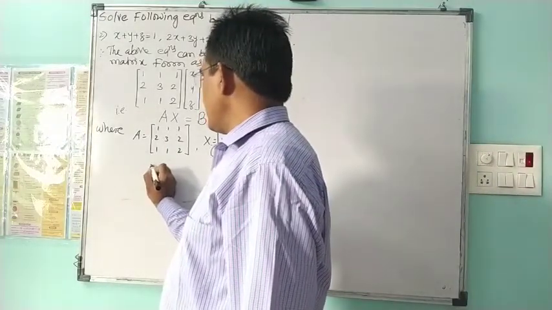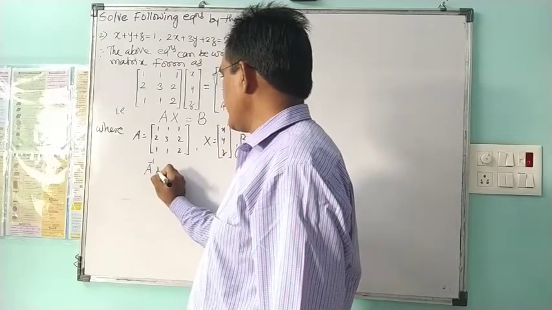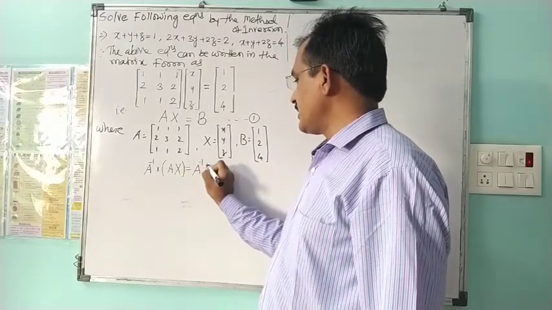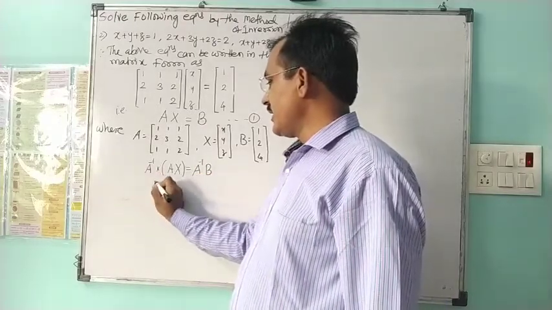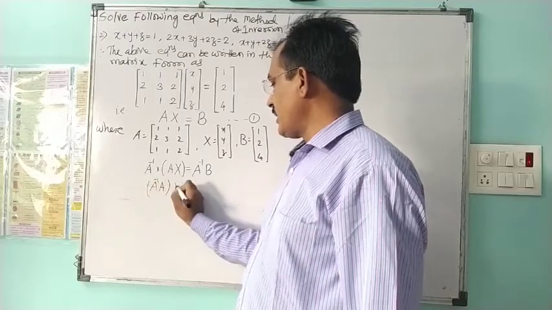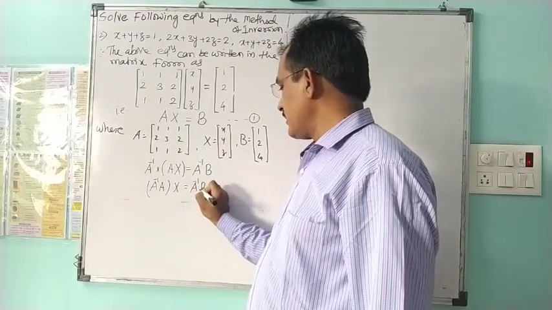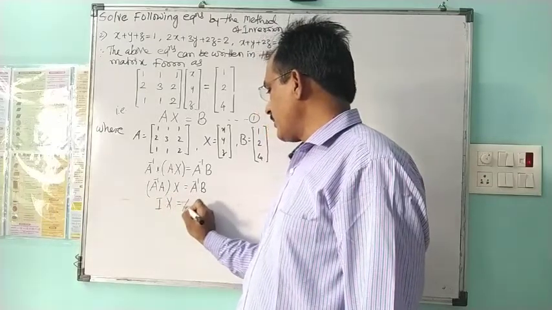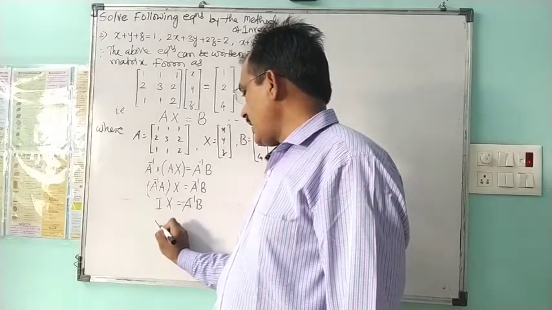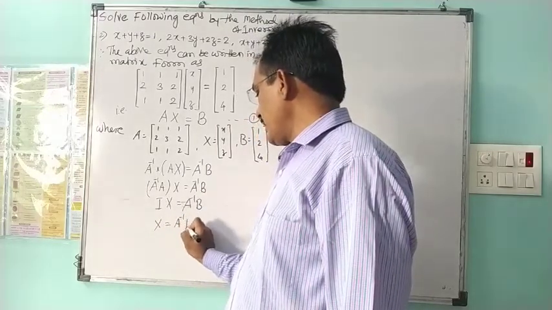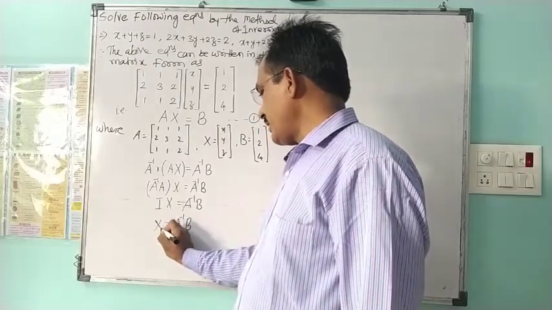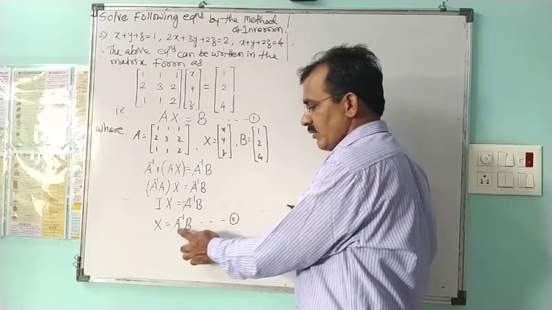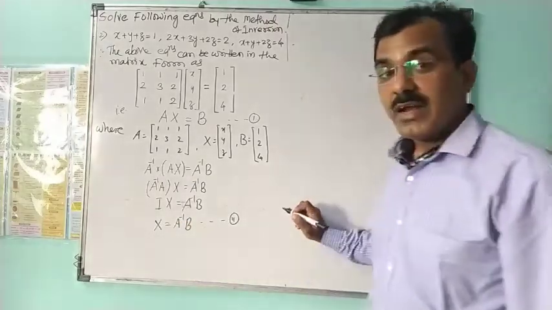So this will give us A inverse into A into X is equal to A inverse into B. Same thing, and this A inverse into A is always I. So I into X is equal to A inverse into B, and this I into X is X itself, equal to A inverse into B. So this is the matrix X which can be evaluated by using the product of A inverse with the matrix B. So our target is to get the value of A inverse by using the adjoint method.